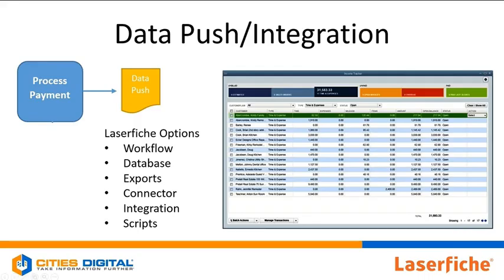You can also use a tool called the Laserfiche connector. If you're not familiar with the Laserfiche connector, it's an easy one-to-one integration tool allowing you to set up either a workflow to be kicked off, maybe image enablement.